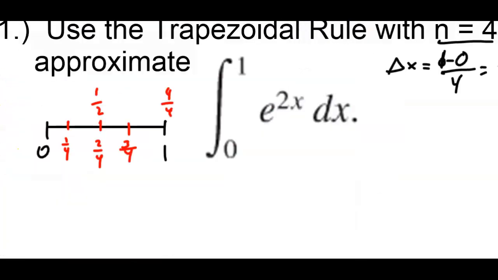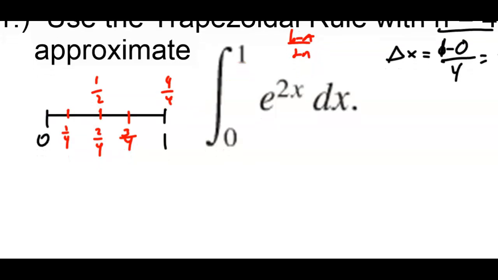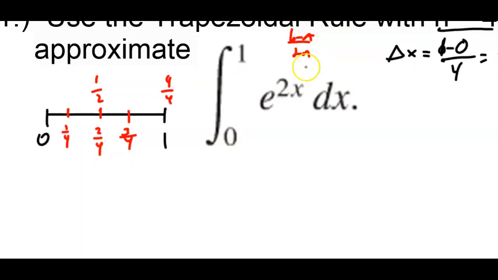So when we actually solve the approximation, I'm going to write this off to the side: b minus a over 2n, which is delta x over 2. That gives us 1/4 times 1/2, which is 1/8. But I'm just going to show you 1 minus 0 over 2 times 4 is 1/8.